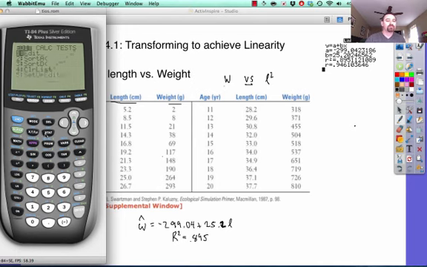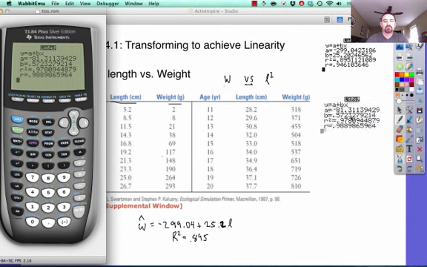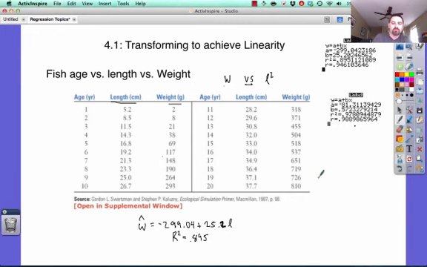Let's do a linear regression. We're going to go stat, calc, and here I'm going to graph. Remember, I have to keep track. This is hard, so you want to always write this down as you're going. I want to graph my L squareds versus my W's. And now take a look at this. Now what do I have? My new model, I'm going to write it right here next to my old model.